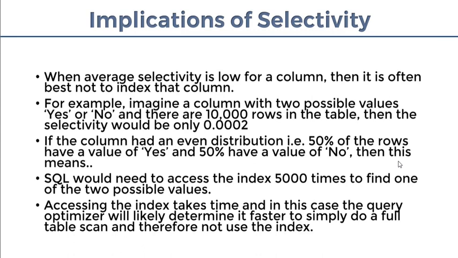Accessing the index takes time, and in this case the query optimizer will likely determine it is faster to simply do a full table scan, and therefore not use the index. It's better to go with a full table scan instead of an index scan, right?